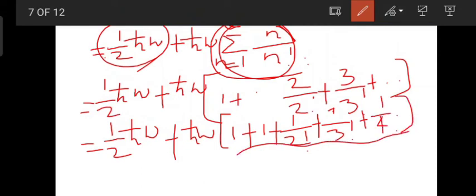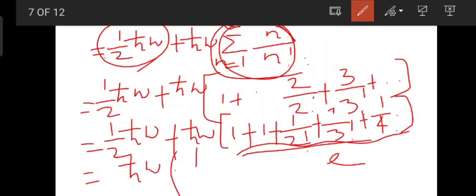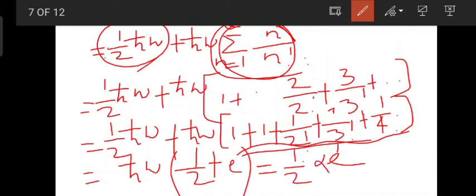If we don't know, this is only e. Okay, if we find out, this is h cut omega into 1 by 2 plus e. If we equate with 1 by 2 alpha h cut omega, then we will get alpha equal to 6.4.